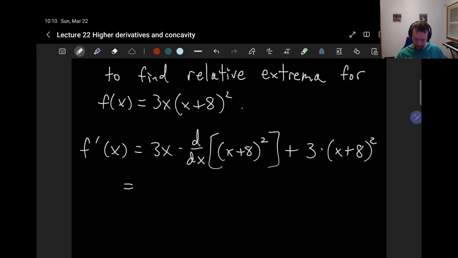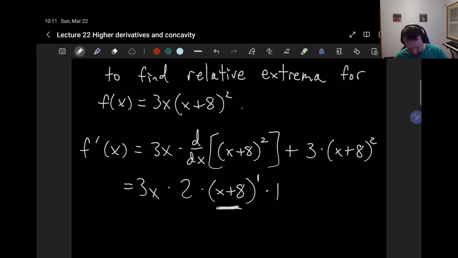So that's composition. Remember, with chain rule, you do the derivative of the outside portion first. So I bring the 2 down, leave the inside alone, and subtract 1 from the power. And then I multiply by the derivative of that inside x plus 8. Its derivative is just 1. And then we have this other part here.